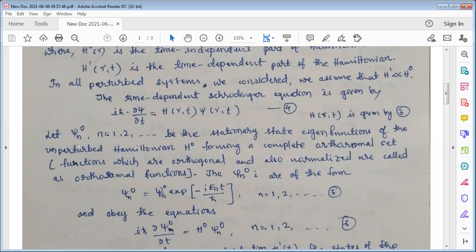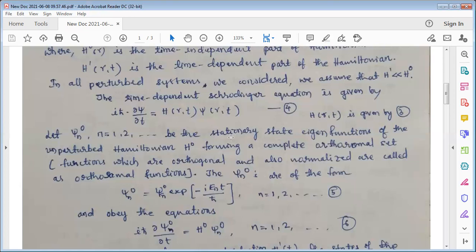Let psi n of 0, where n is equal to 1, 2, and so on, be the stationary state eigenfunctions of the unperturbed Hamiltonian H naught, because stationary states will be present if the Hamiltonian is independent of time. So that is called the unperturbed Hamiltonian.